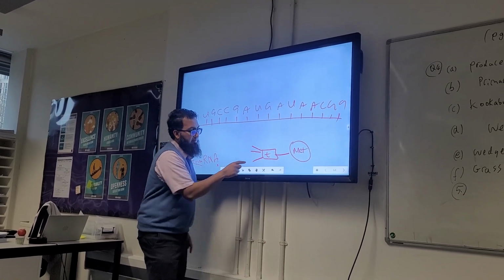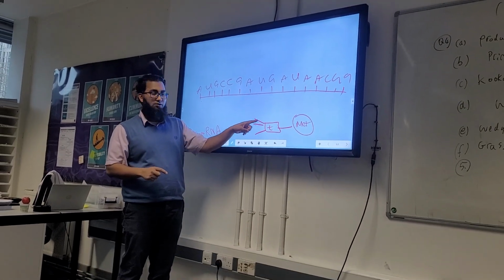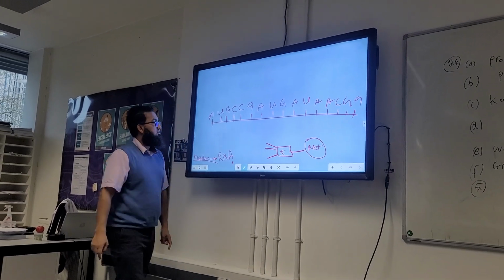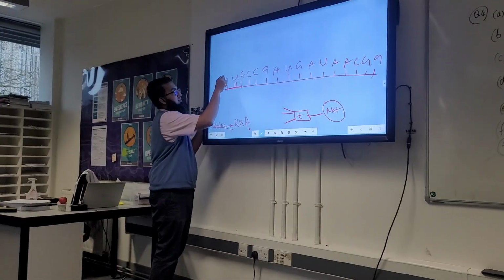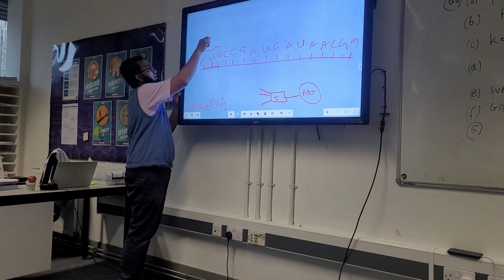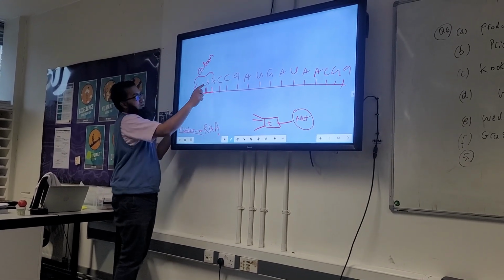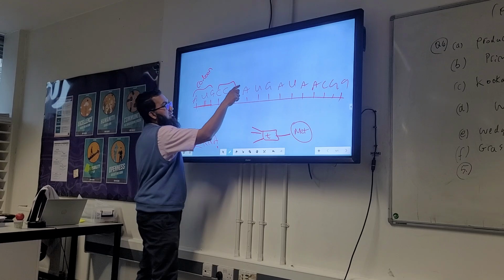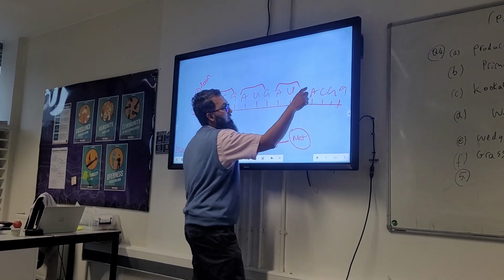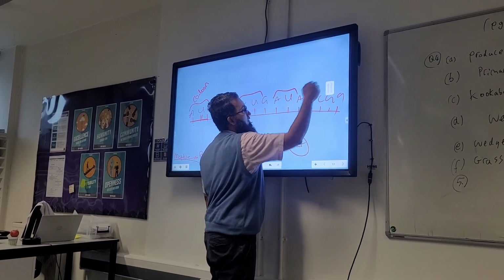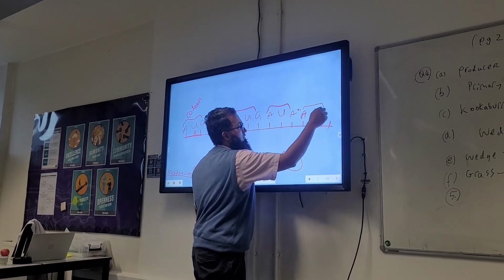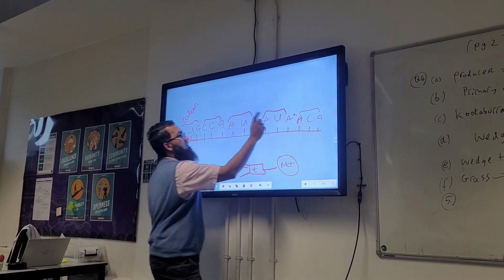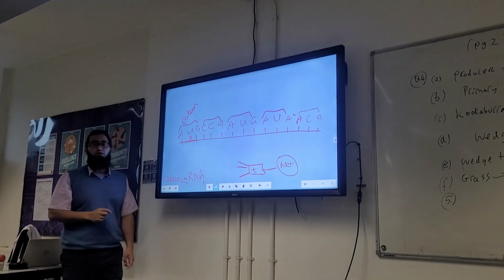Then I have 3 bases here, which are called the anticodon. In the mRNA, AUG, 3 bases, is a codon. If you remember, 3 bases is a codon. I have 1 codon here, another, another, another, another, so 1, 2, 3, 4, 5 codons.